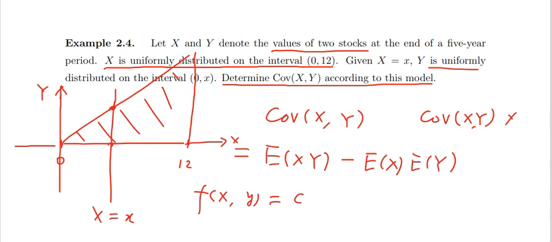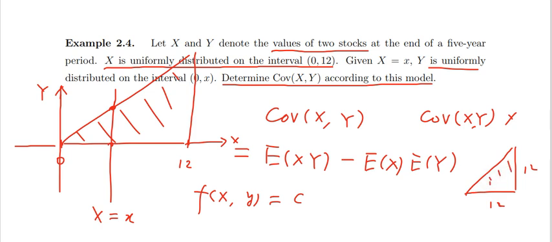We need to make all the probabilities, or the integration, equal to 1. Here this is 12, here also 12.